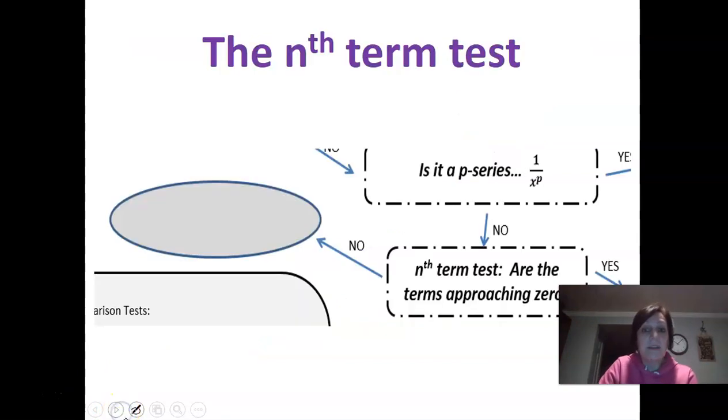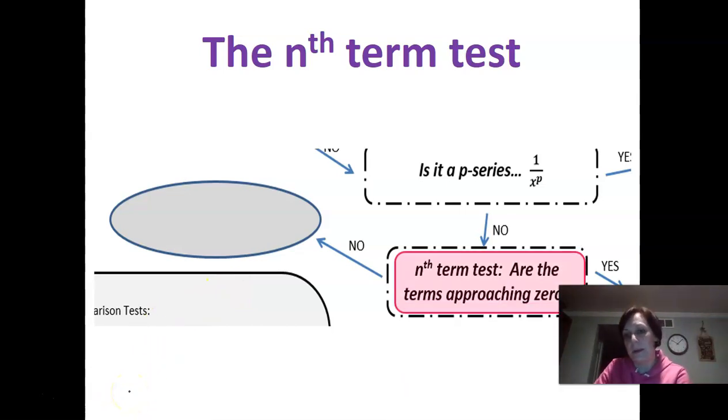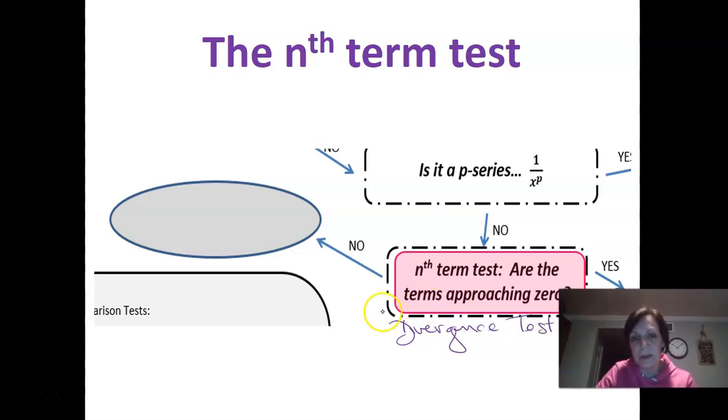Okay, if neither of those work, if it's not geometric and it's not a p-series, the next place we go is to this nth term test. Now the nth term test has a nickname, and it is called the divergence test. Now, I think that's a great nickname for this test.